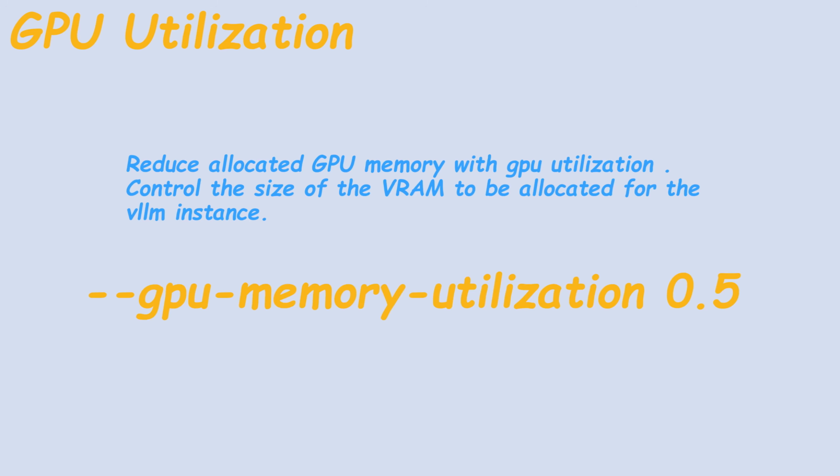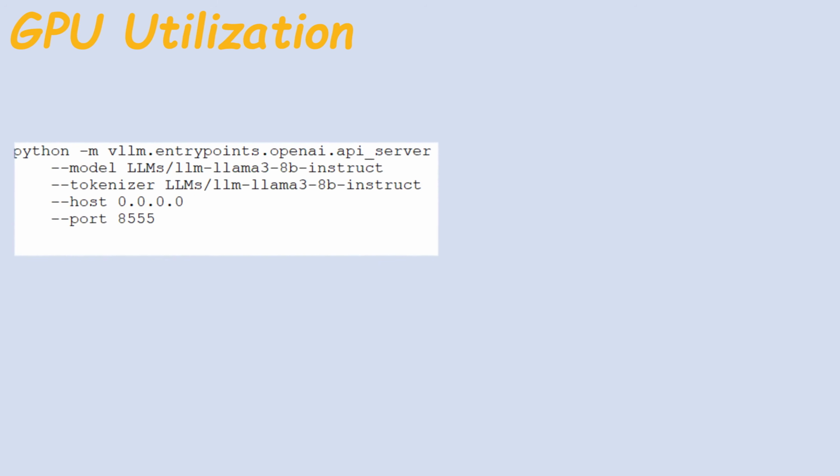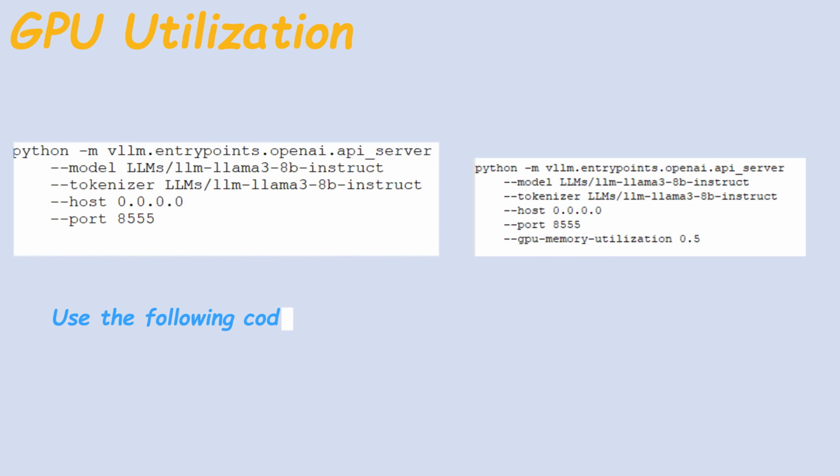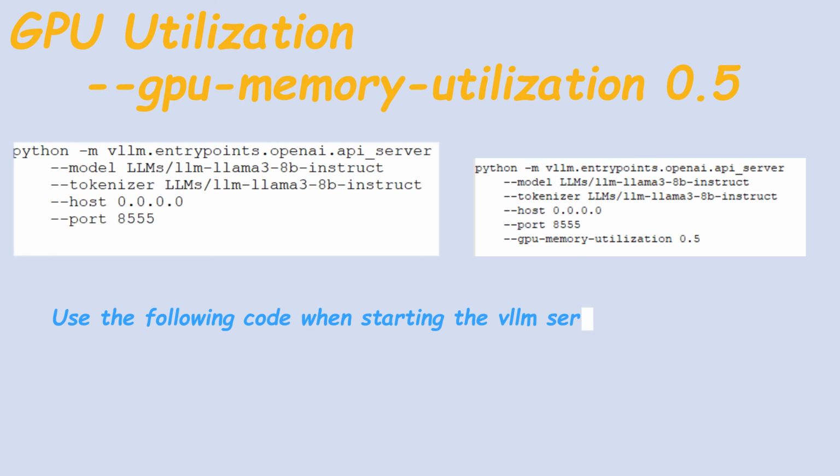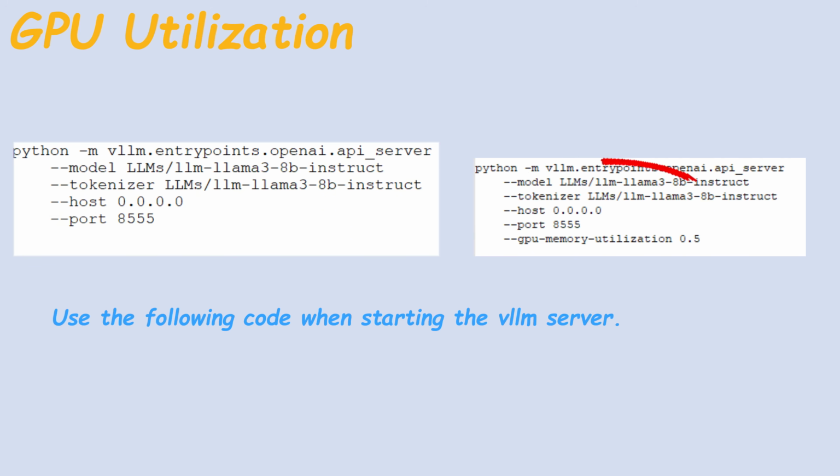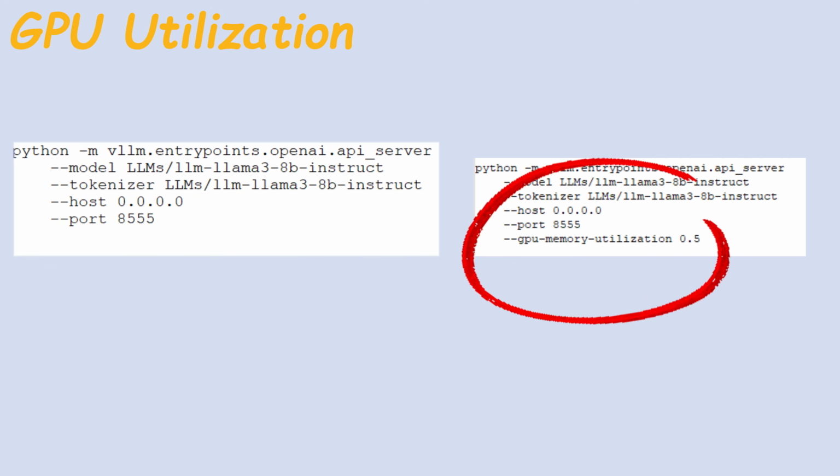GPU utilization tells the vLLM instance how much of the memory to use, and it is set from the command line. You can see here on the left-hand side, we had the original approach. Then with GPU utilization, we can minimize the amount of memory taken by the GPU for a specific instance.